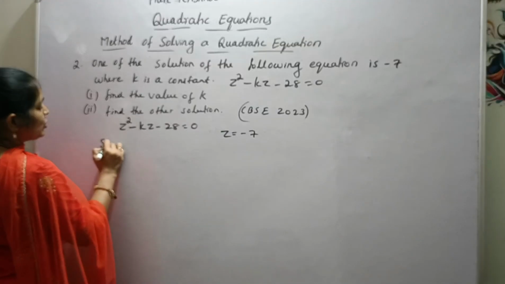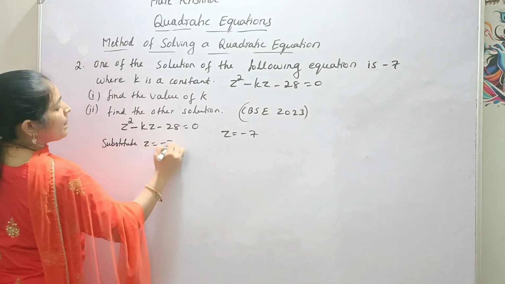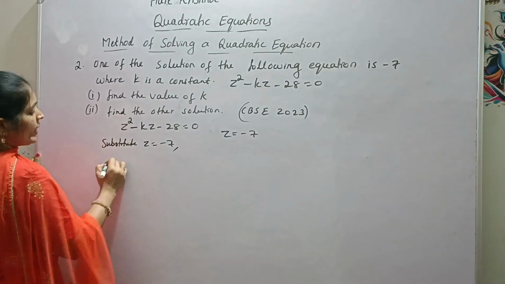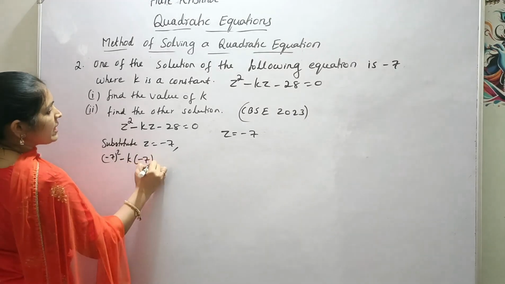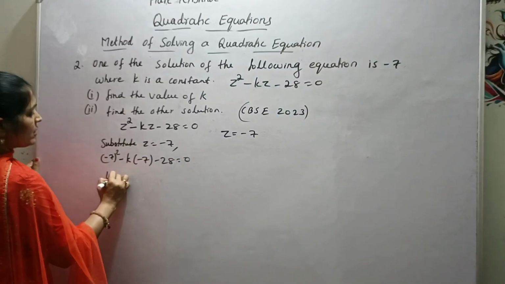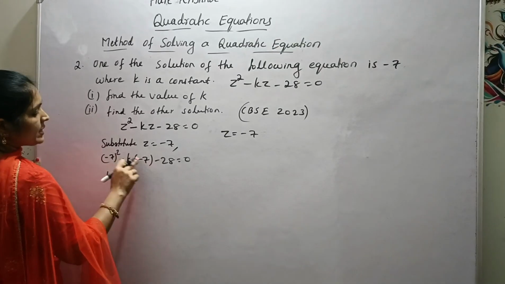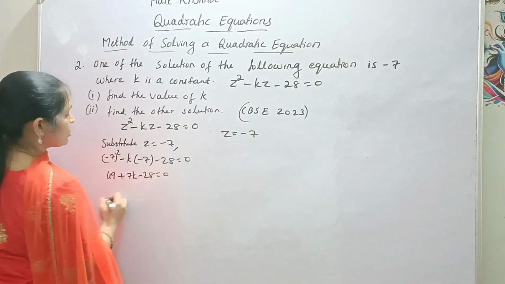So here substitute z is equal to −7. So z² is (−7)², minus k into −7, minus 28 is equal to 0. 49 plus 7k minus 28 is equal to 0.